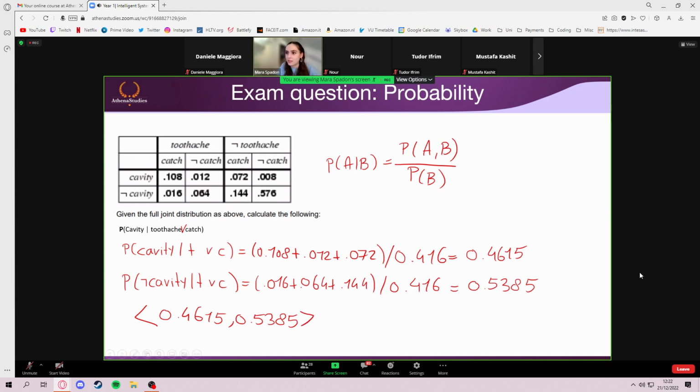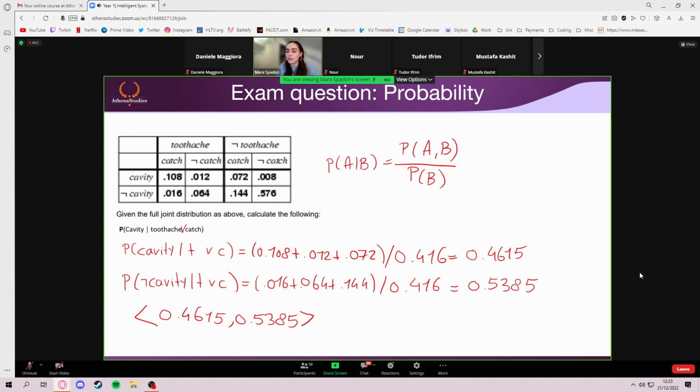So let's see, I think other people had a similar answer. Why are we not including no toothache and no catch in the first one? Because it has to be a toothache or a catch. I think people are answering that for you. Someone also said, okay, I see where I went wrong.